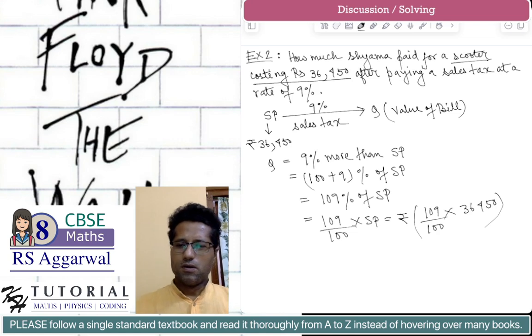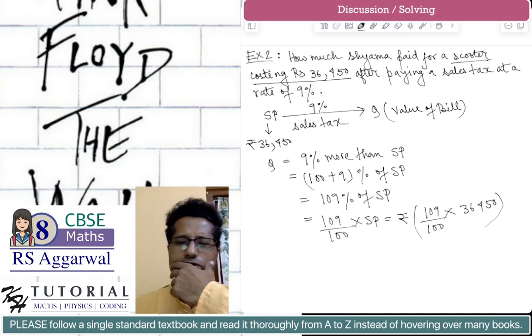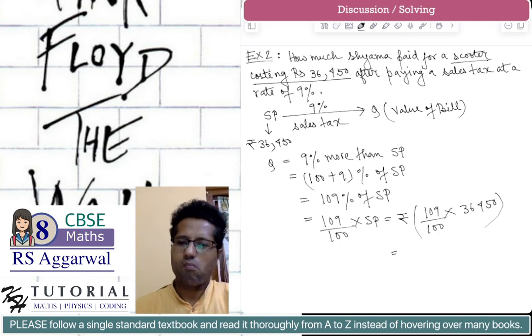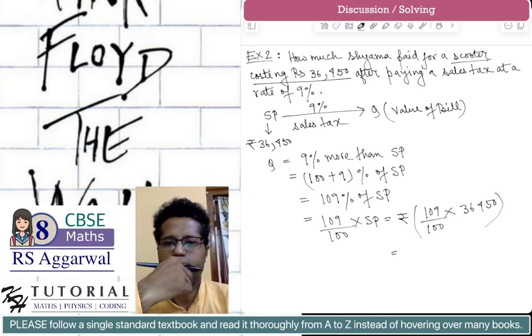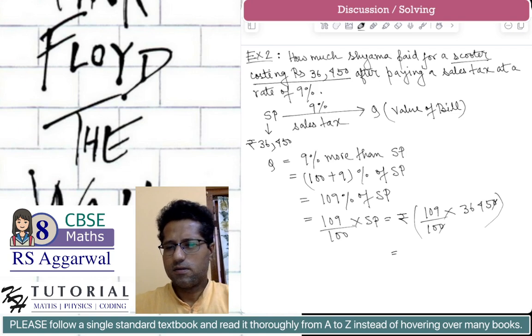Okay. So 109, 9% more than SP. Okay, so which is 109% of SP, which is 109 by 100 multiplied by SP. Okay, so we have to simplify this. 109. Now 10 cancels.